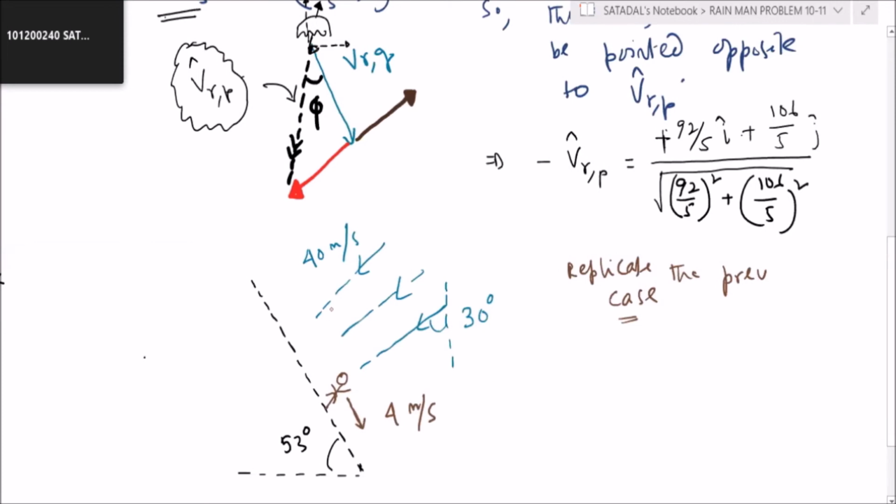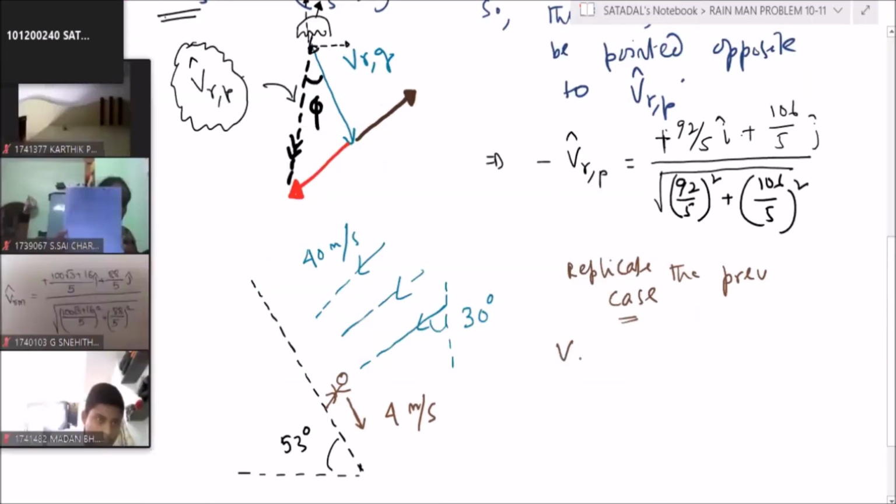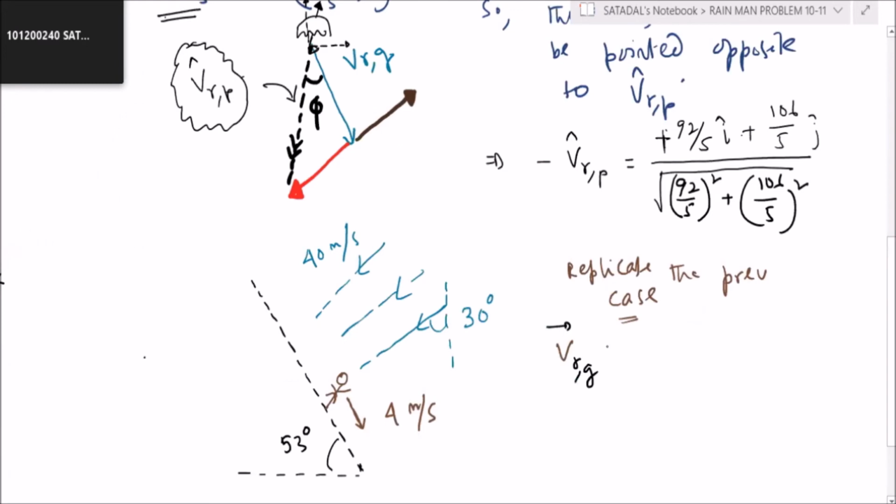So first of all, velocity of rain with respect to ground, how much is it coming to be? 40 sine 30 means 20 I cap minus 20 root 3 j cap. Okay, I'll check.